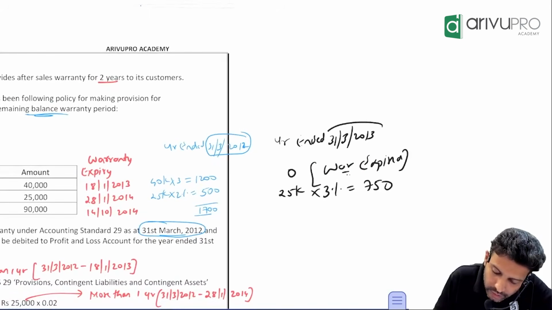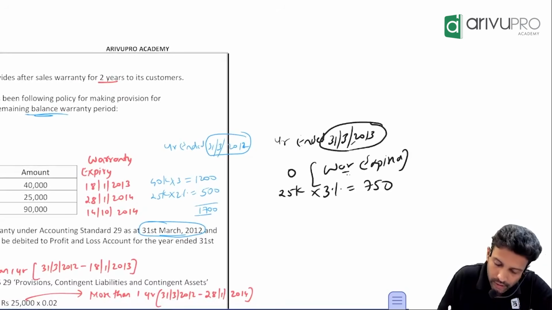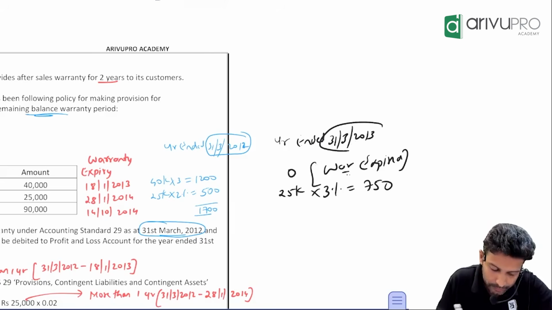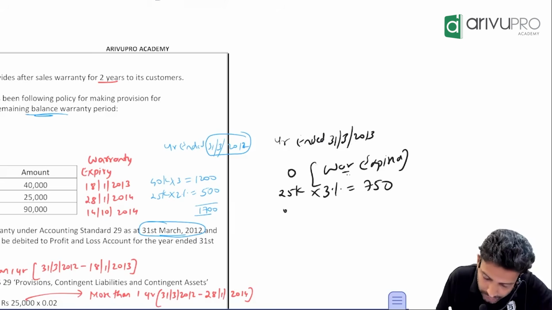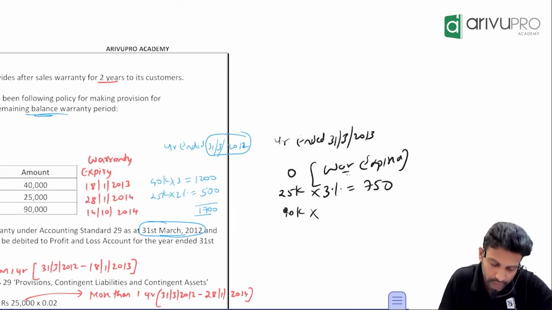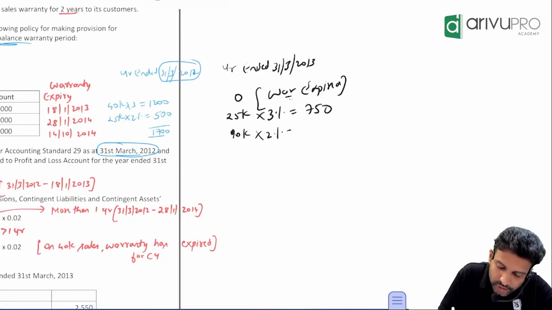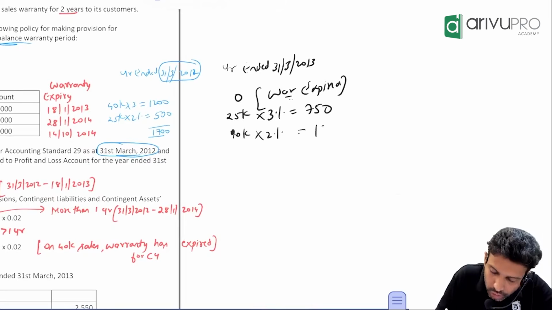The current year is ending on 31st March 2013 and the warranty will go up to October 2014. Less than 1 year or more than 1 year? More than 1 year. How much sale? 90,000. For more than 1 year, how much provision do we make? 2%. 9 2s are 18, so this is 1,800.